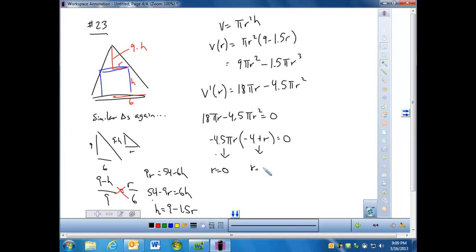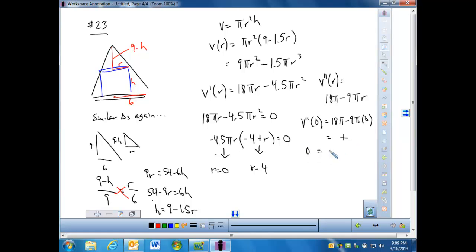Again, common sense probably tells us that 0 is not going to maximize the volume of our cylinder, but let's find that second derivative and double check. Second derivative of this problem is 18 pi minus 9 pi r. Not setting it equal to 0, but plugging in my two radii. When I plug in 0, that gives me 18 pi, which is a positive number, making 0 a minimum, because remember that's concave up.